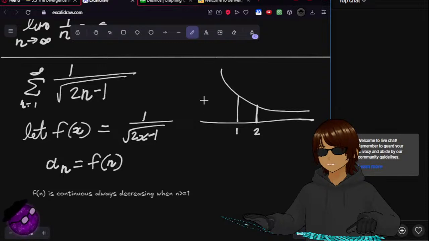1, 2, f of n. Should I take the upper bound? Yeah, I should just take the upper bound. 3, 4.